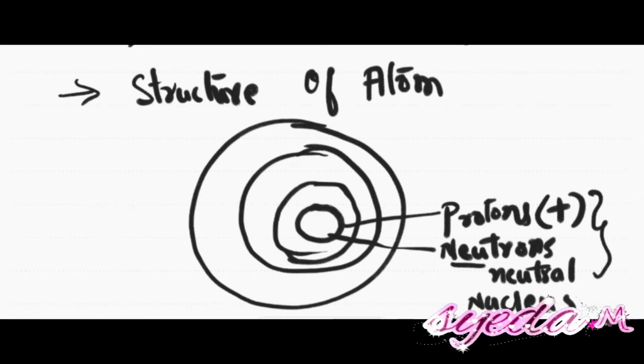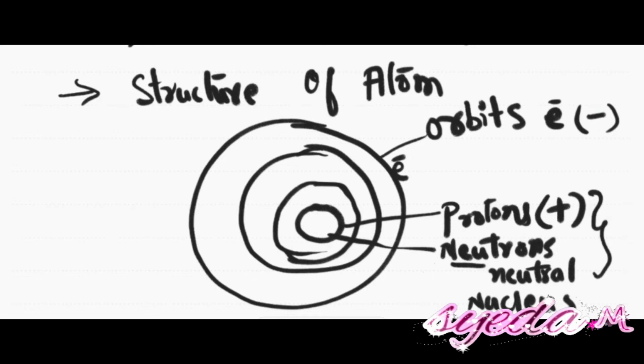Right? Now what are these? These are nothing but orbits. In these orbits, what is going to move around? Electrons. We find electrons moving in the orbits. What charge do these electrons have? They are negatively charged. Okay, now this is the structure of an atom. It has a central nucleus. Surrounding that nucleus you find these orbits where the electrons revolve around.